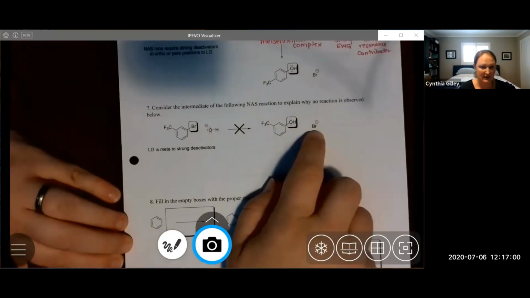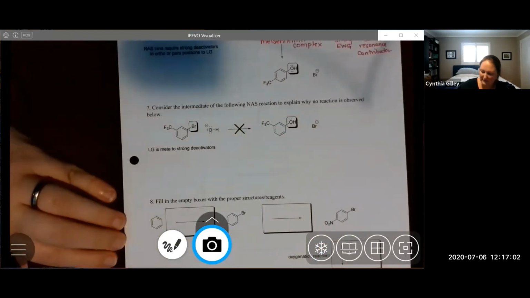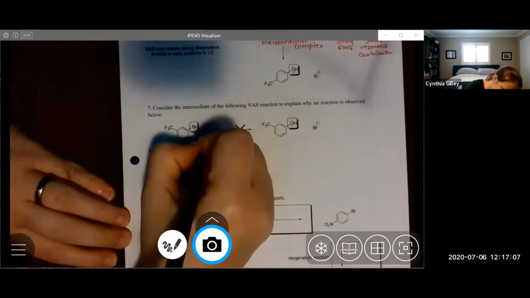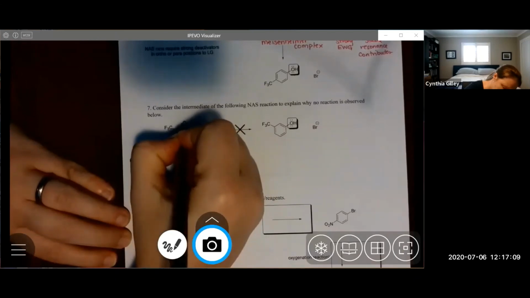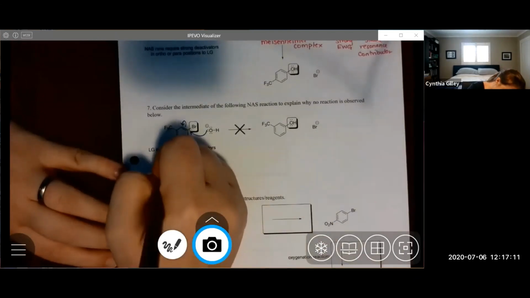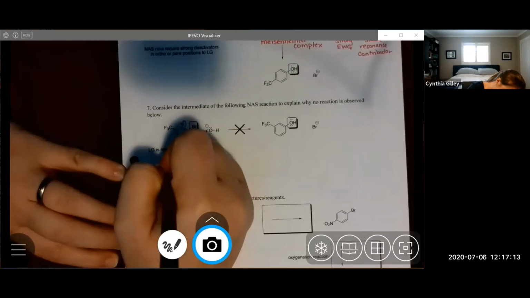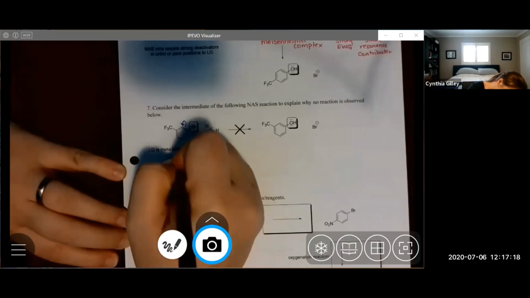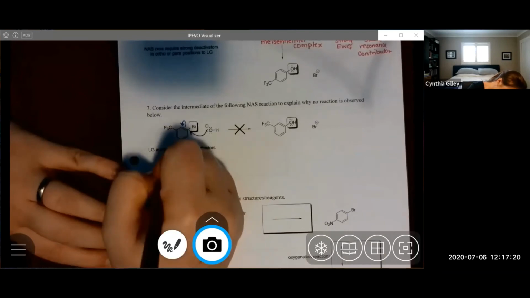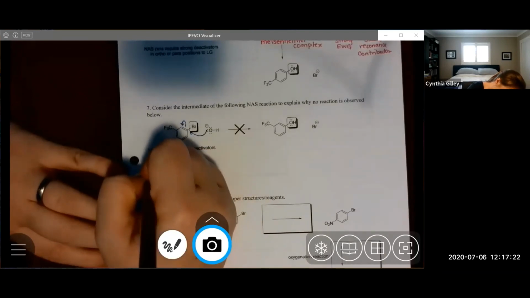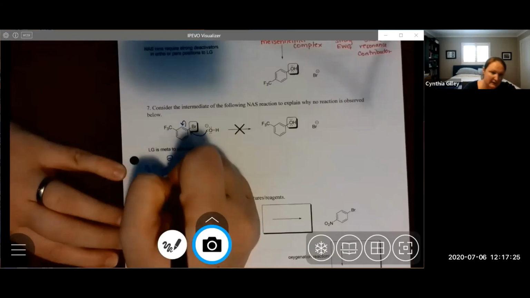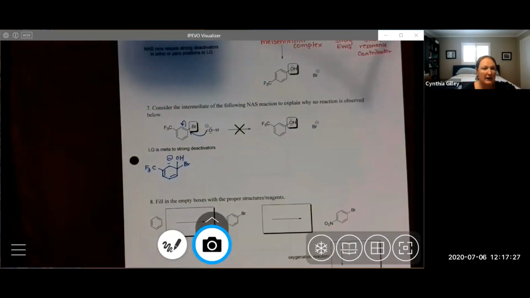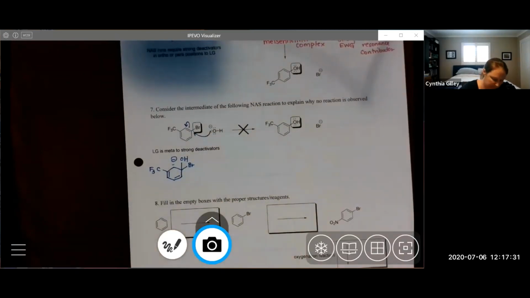Aromatic substitution. And the reason for that is when the nucleophile attacks, look at the Meisenheimer complex that we form. Let me draw out all the resonance contributors. That's the initial anion formed from the nucleophilic attack.